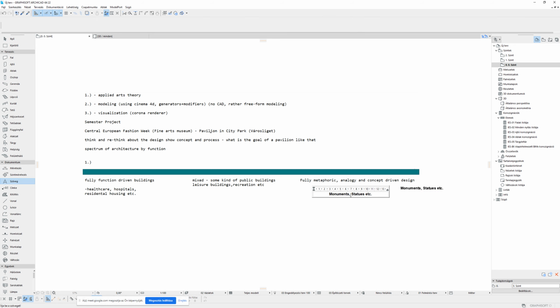And put here the religious architecture. You know, because in religious architecture there are some rules. You have to receive the people, so people have to sit down.